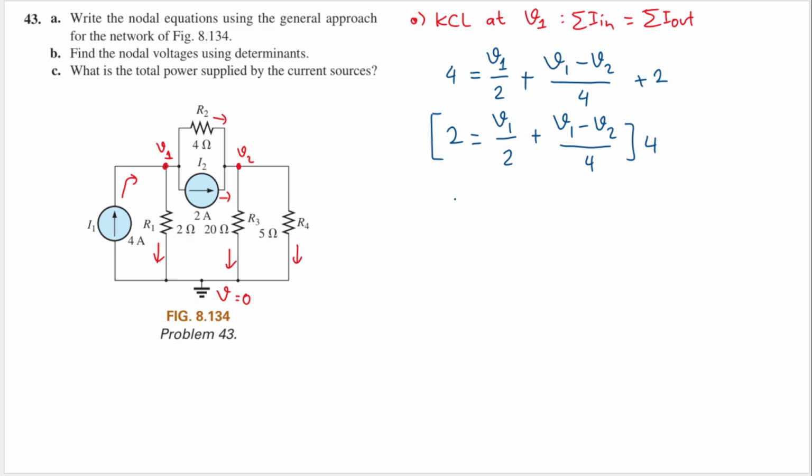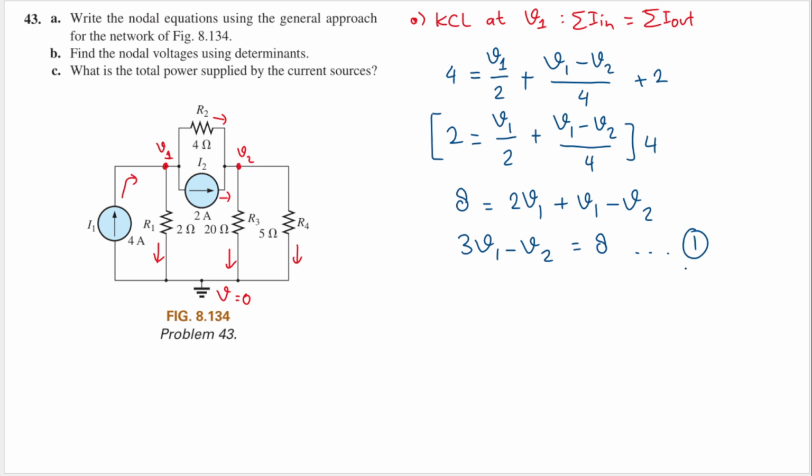On the left hand side we will have 8, and then 2 and 4 cancel into 2, so I will have 2V1, and 4 and 4 cancel, so we have V1 minus V2. 2 plus 1 is 3V1, minus V2, equals 8. So this is the first equation.